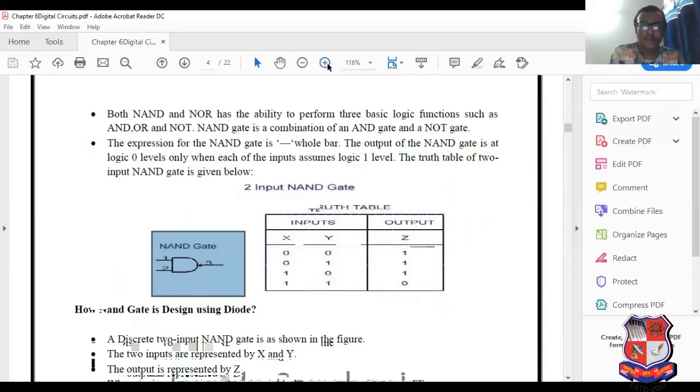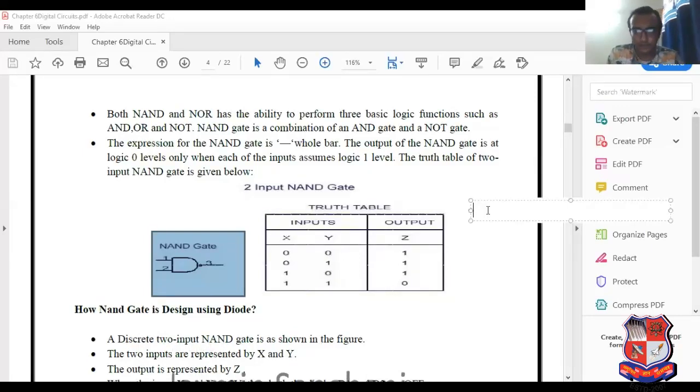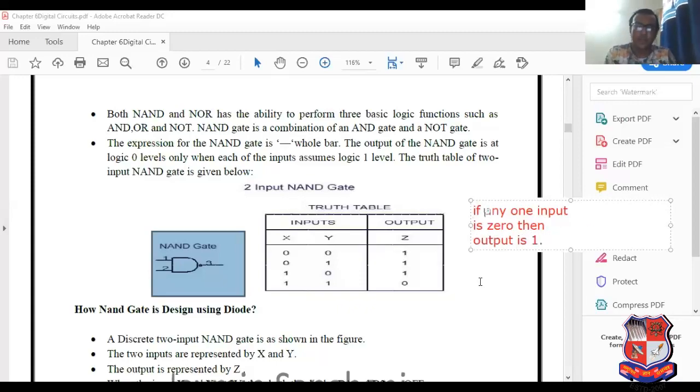I will explain in one statement: if any one input is 0, then the output is 1. It is known as NAND gate. So it is the fundamental concept of NAND gate.